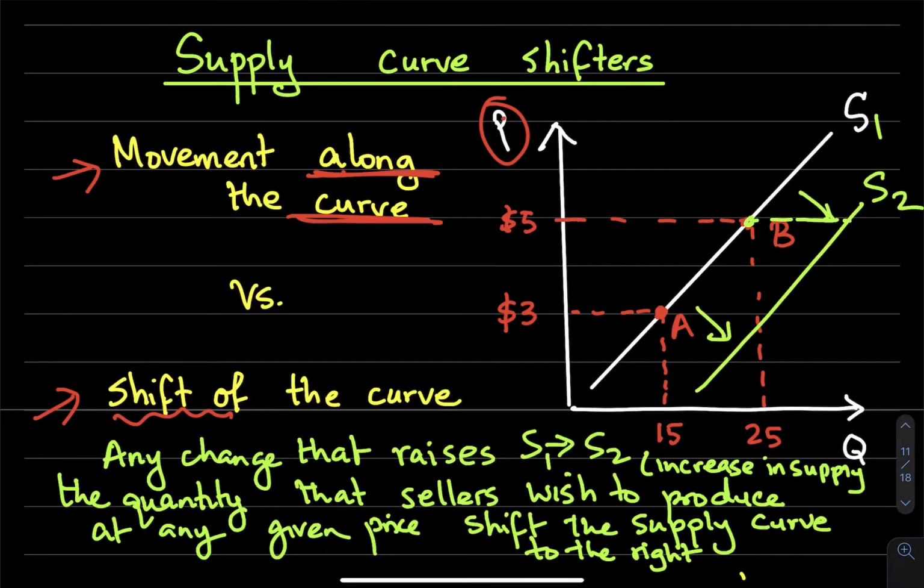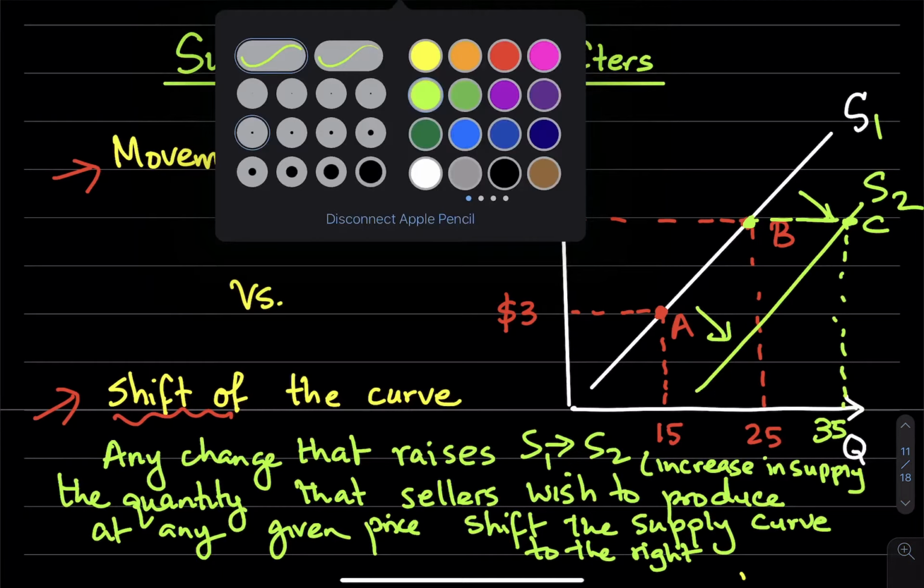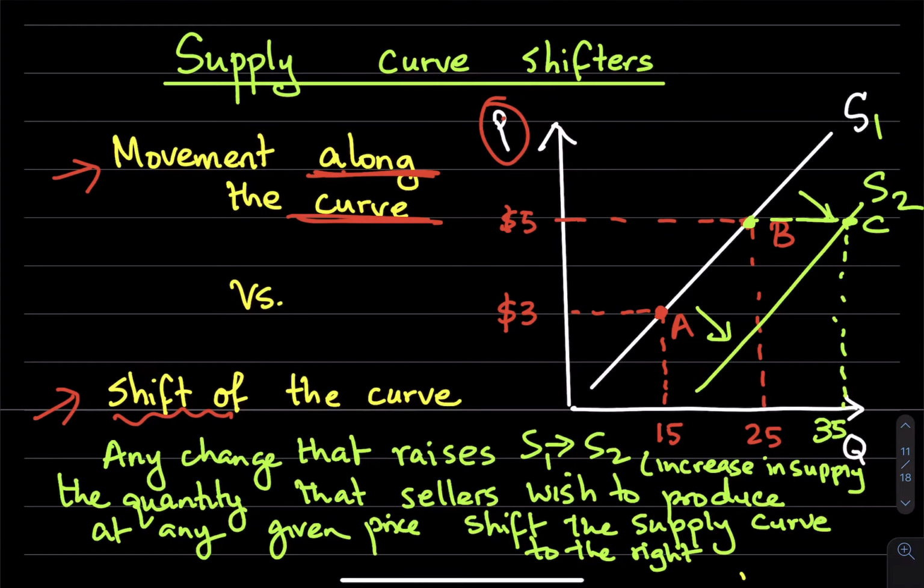At $5, we were at point B, and now we are at point C with the new supply curve. At this point, we might be willing to supply 35 lattes. Similarly, a decrease in supply would be a shift of the supply curve to the left, where at $5 we are supplying less than at point B.